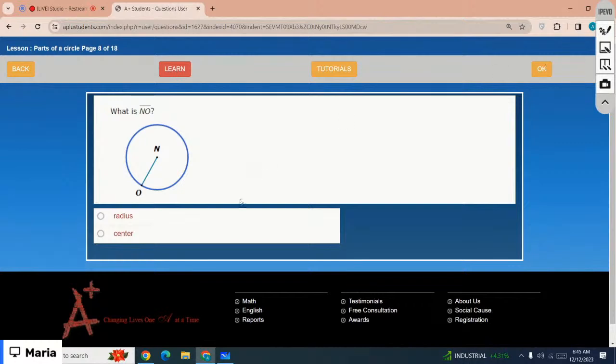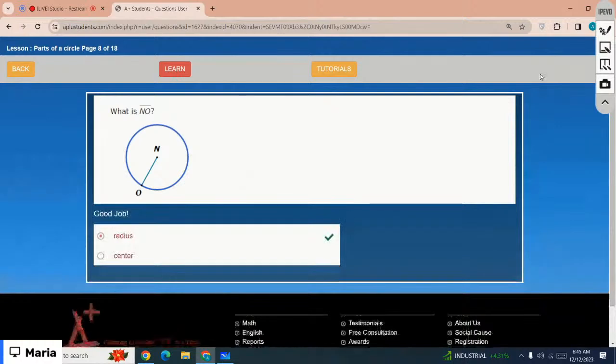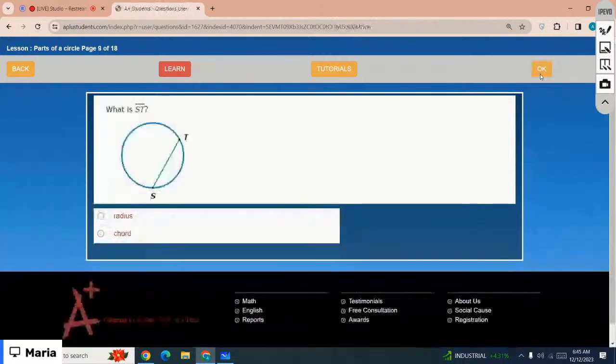That is the radius. The correct option is radius. What is ST?